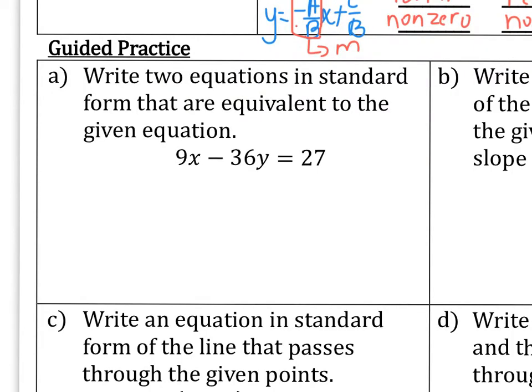Part A. Write two equations in standard form that are equivalent to the given equation. So one way will be to divide all the numbers, or the coefficients and the constant, by the greatest common factor, which is 9.